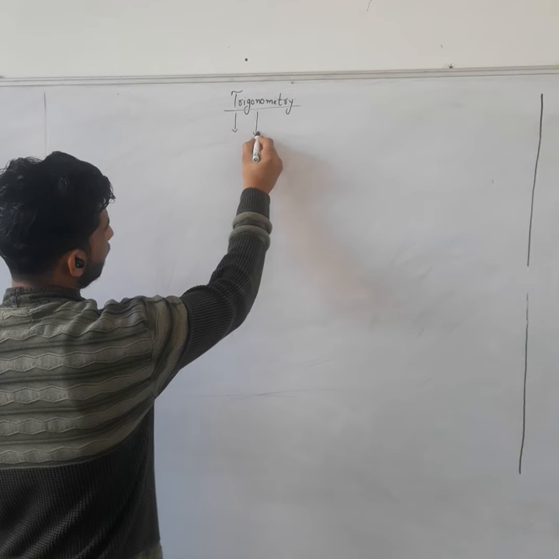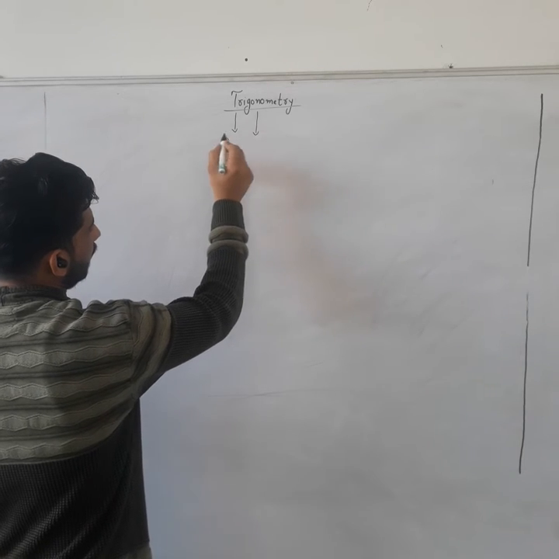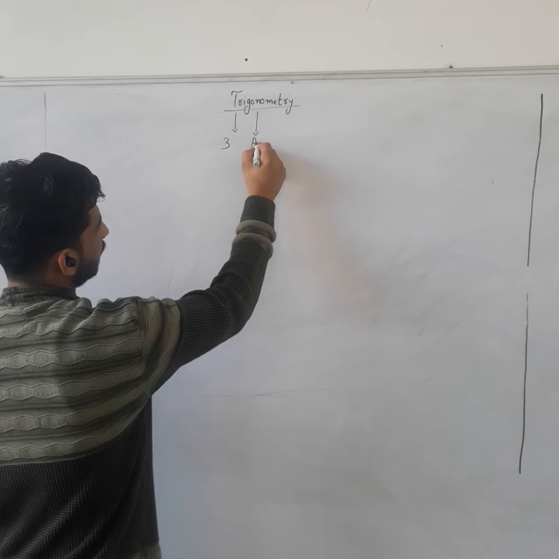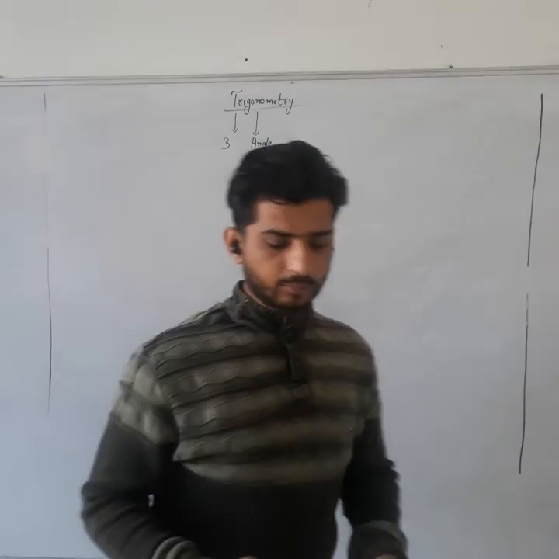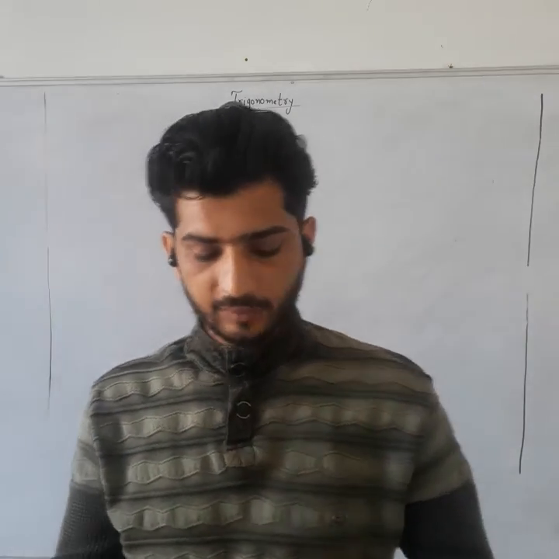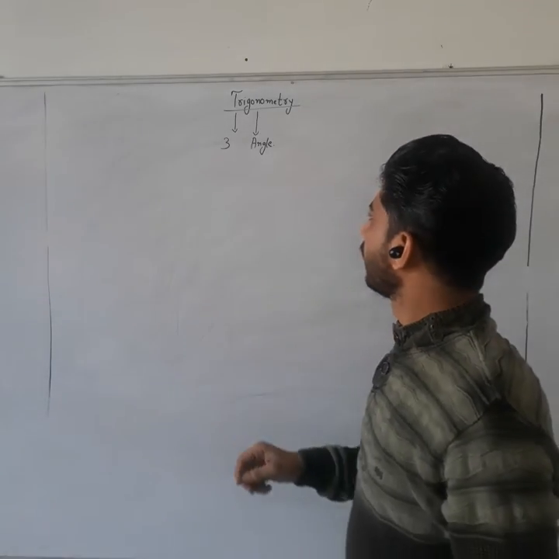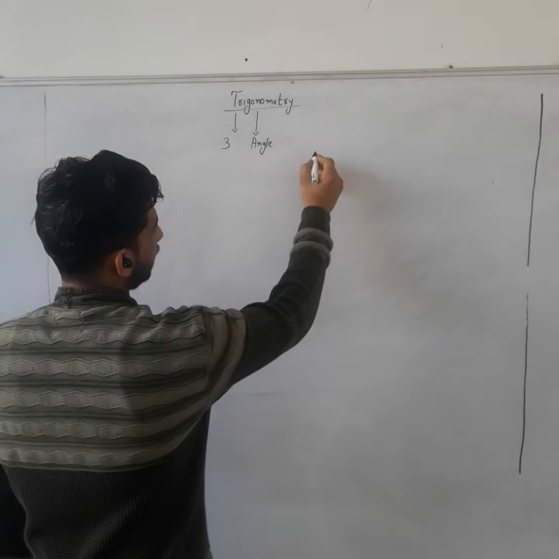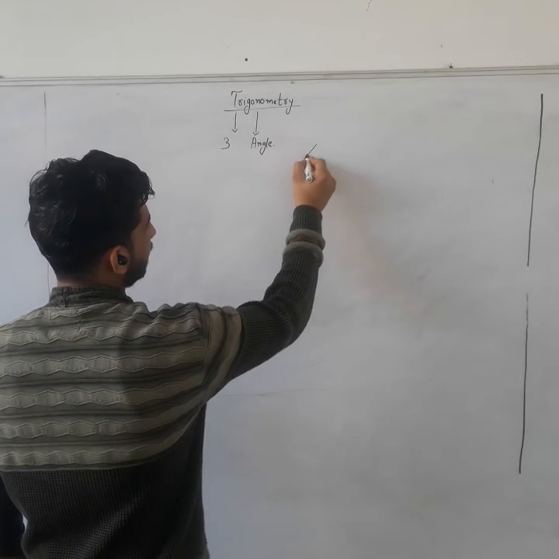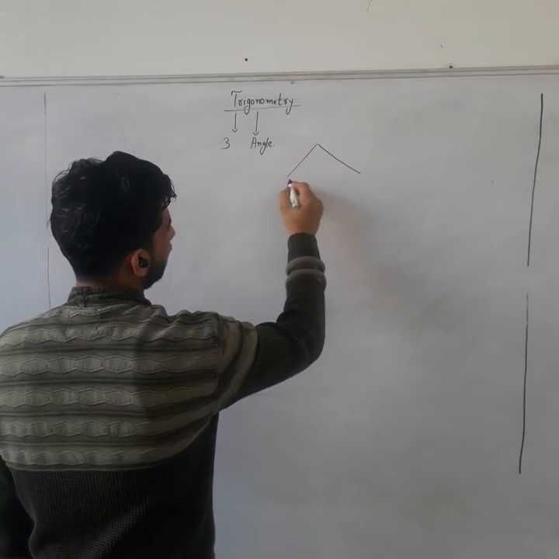Tri means three, and gonal represents the angle. So trigonometry is the branch of mathematics which deals with three angles, and these three angles are basically found in a shape that is a triangle.